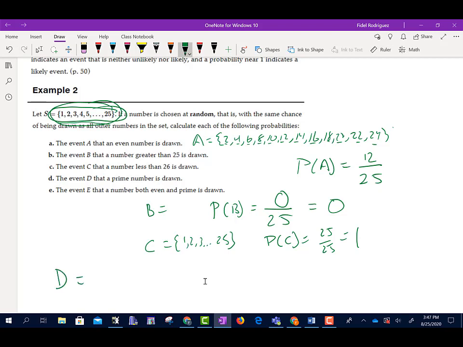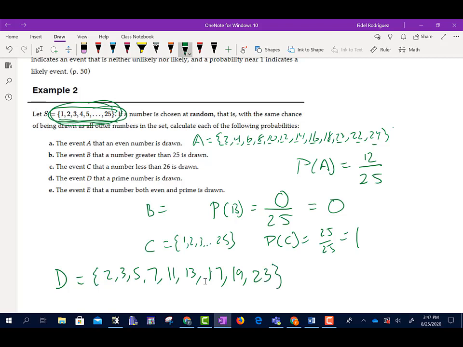D, prime numbers. Okay, so let's think about our prime numbers. From these numbers here, which ones are prime? 2, 3, 5, 7, 9, 10 are not, 11 is, 13 is, 14 no, 15 no, 16, 17, 18 no, 19 yes, 21 no, 22 no, 23 are all going to be our prime numbers, right?